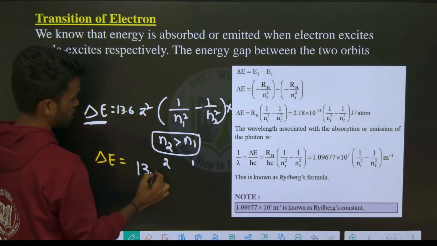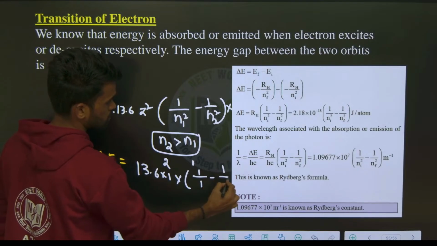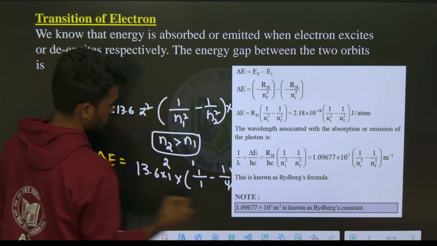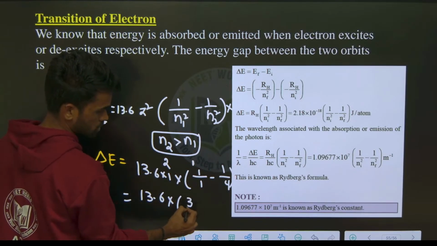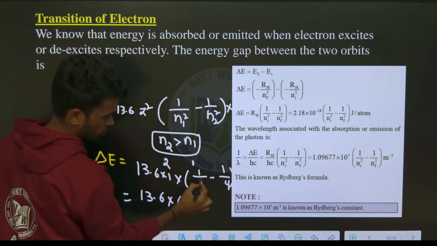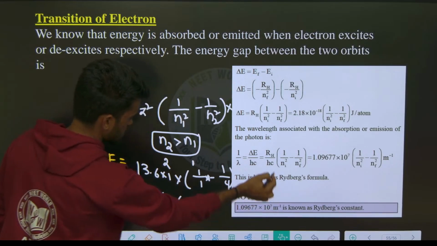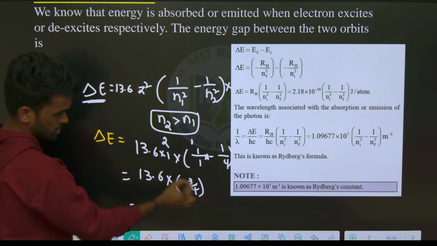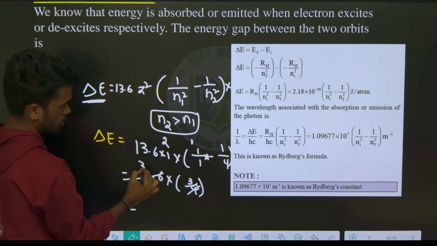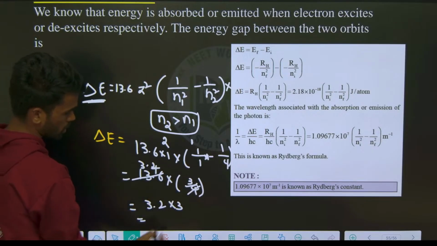That will be 13.6, for the hydrogen atom only I am saying. So it will be 1 minus 1 by 2 square, so 4 here. 4 minus 1 gives 3 by 4. 13.6 times 3 by 4 simplifies to 10.2.